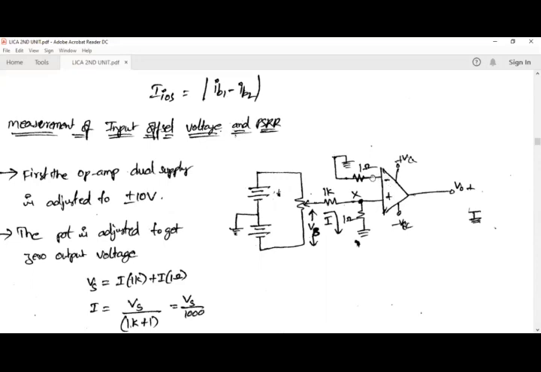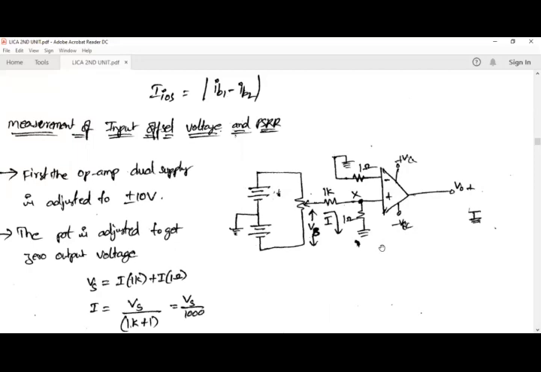The inverting terminal will be grounded through a resistor of 1 ohm, and the non-inverting terminal is connected to a potential divider network, which is connected to the supply voltages. Here you can see a potential divider network with the help of a 1 kilo ohm resistor and a 1 ohm resistor. And for this op amp we are giving supply voltages plus VCC as well as minus VEE.